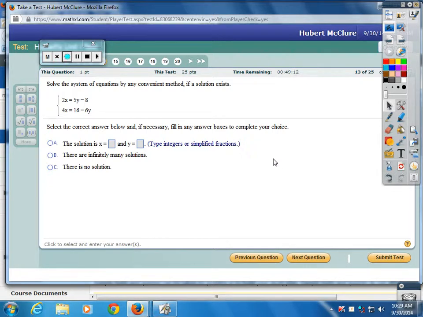Solve systems of equations. I told you there was going to be a lot of that on there, because in business, you do find a lot of intersections.